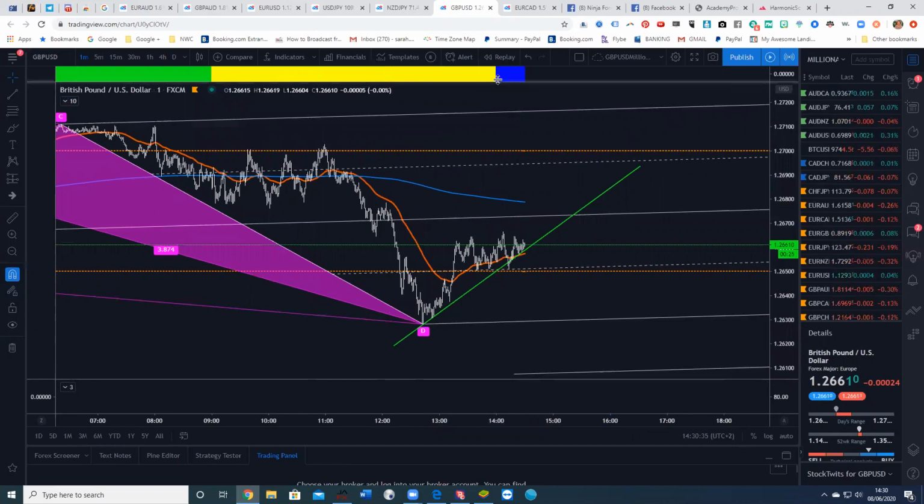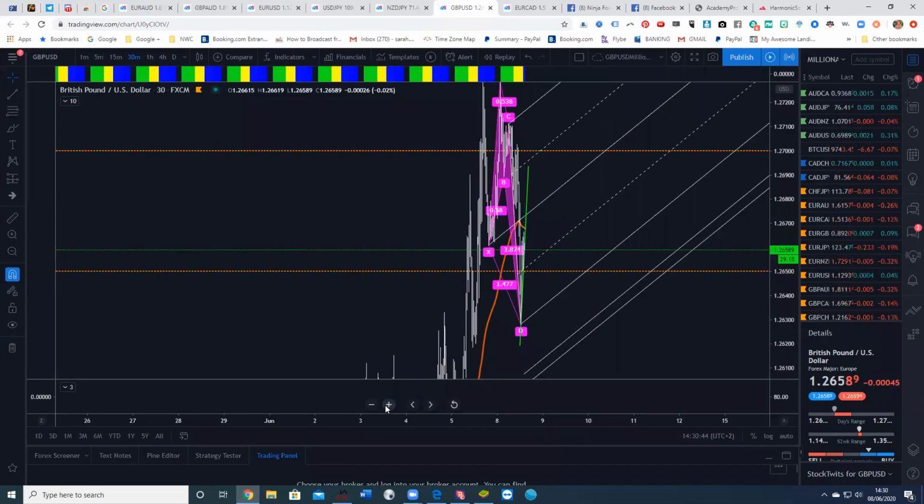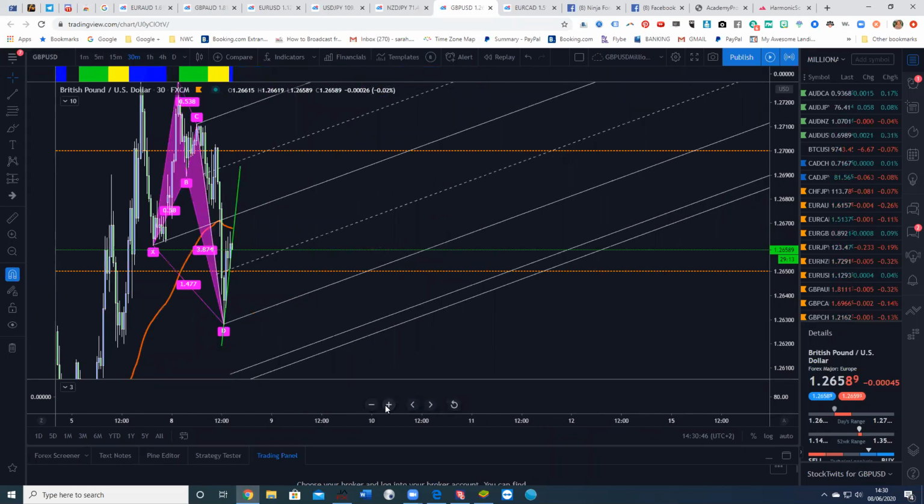Now we're just coming into New York, you can see here, and we've just passed the 30-minute candle. So let's have a look and see what the 30-minute candle says. Candle close, the wicks tell the story, remember.